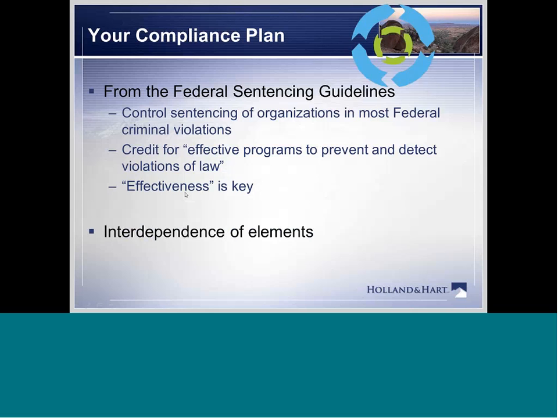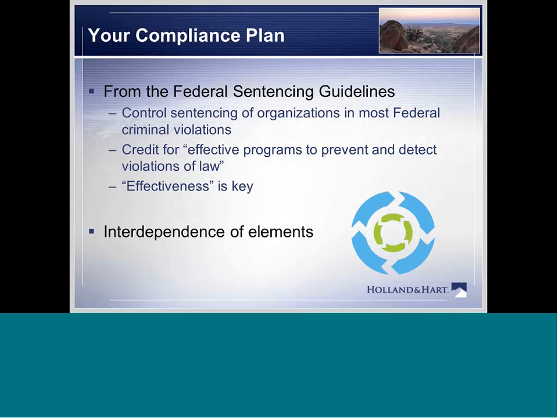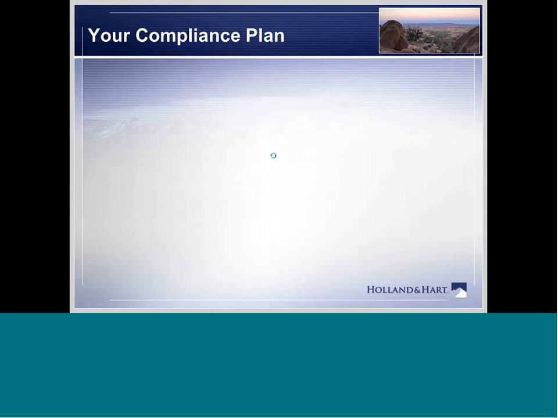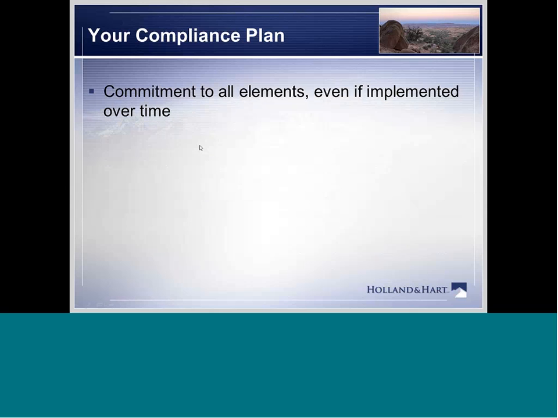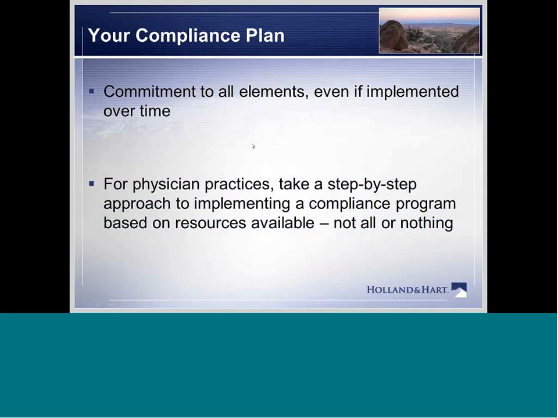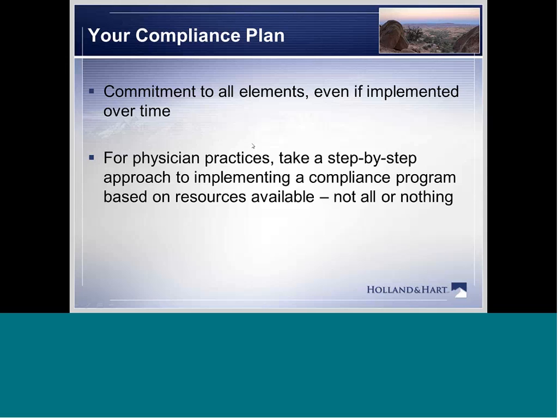And these elements should not exist alone, so all 7 of the components need to be implemented effectively and together to have a compliance plan that's actually working. Some of the things that the government definitely looks at is the commitment to all of those elements.